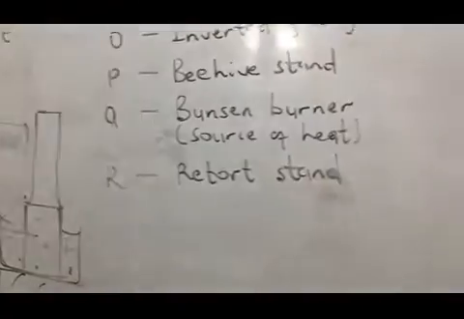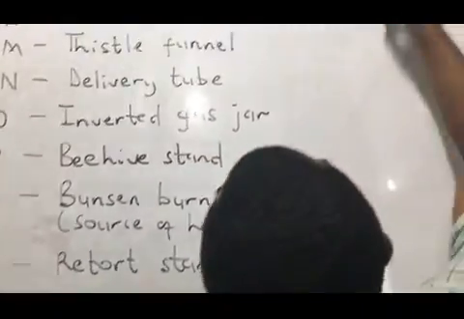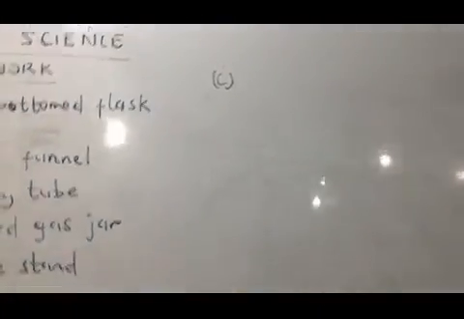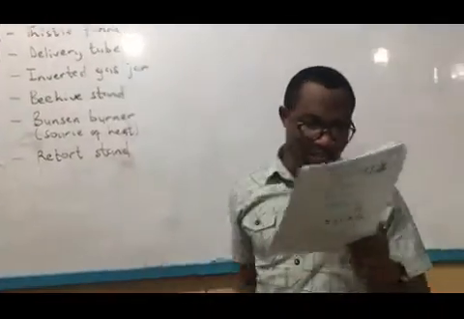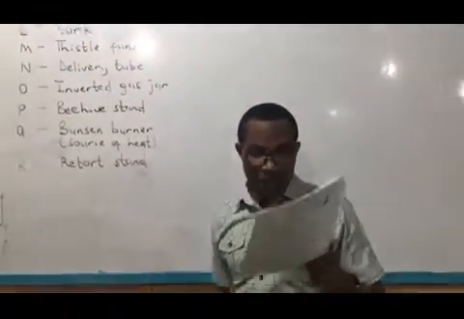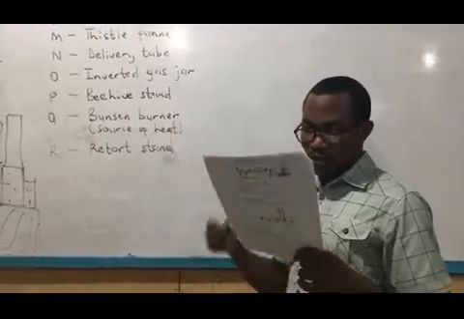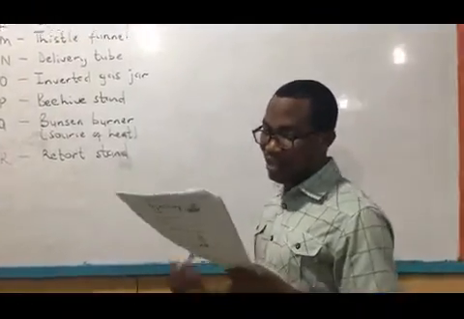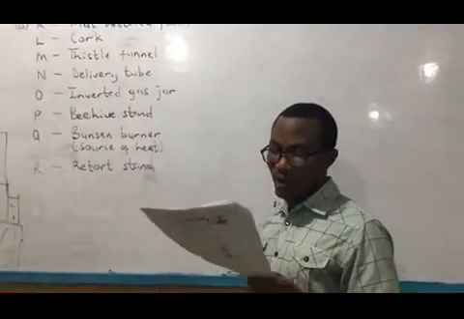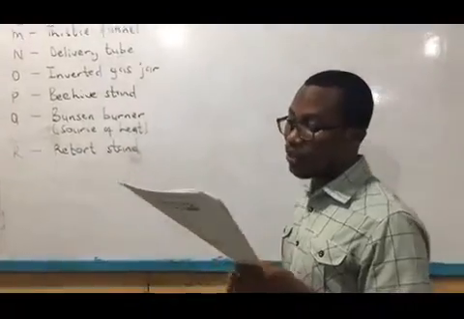Now question C. It says, write a balanced equation for the reaction. From the preamble, we have the reactants given as dilute hydrochloric acid and calcium carbonate.